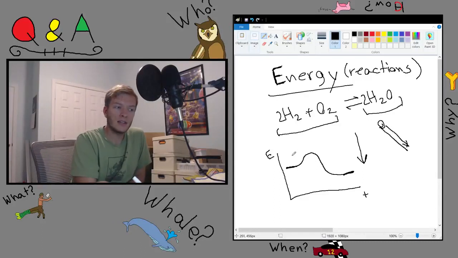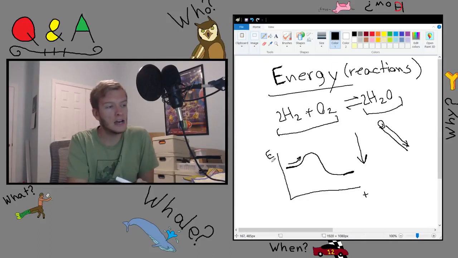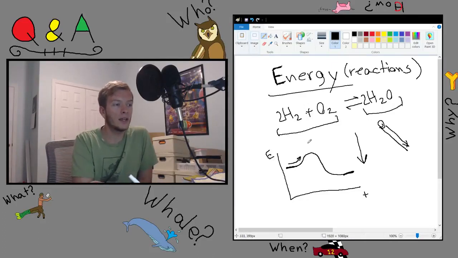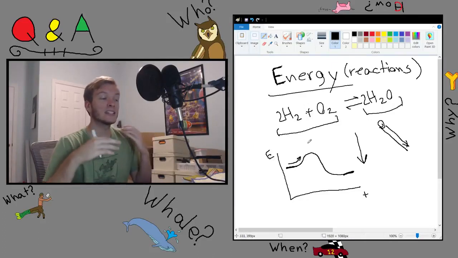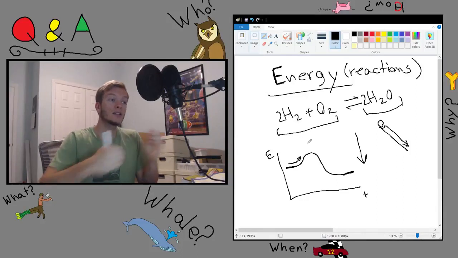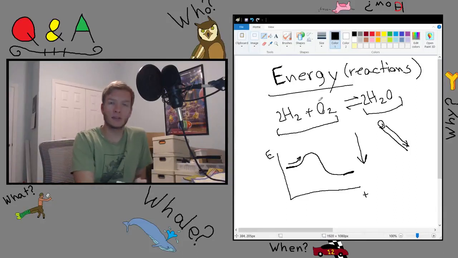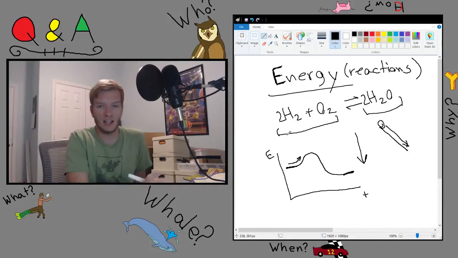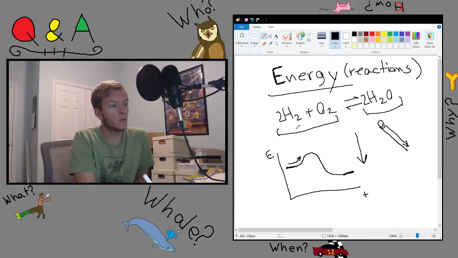But what you'll see in this picture is that the gradient actually initially goes up. And the reason for this is that it's currently in a stable state. And in order to make the reaction, we need to destabilize that. Water isn't actually the worst example because we have two diatomic atoms. These atoms really want to be together.